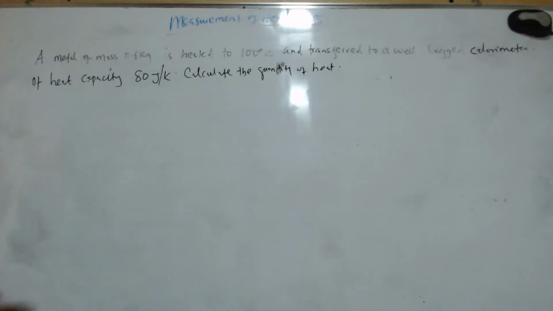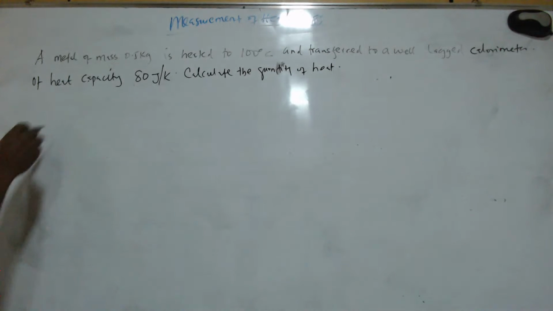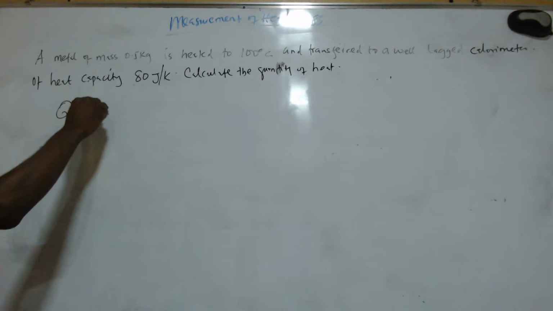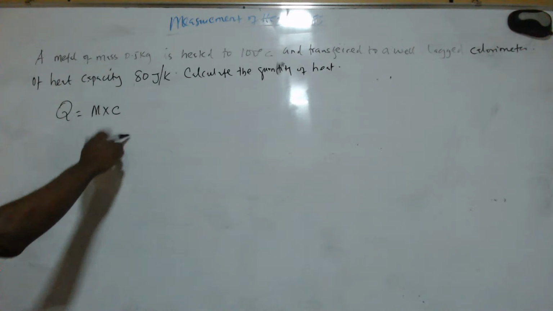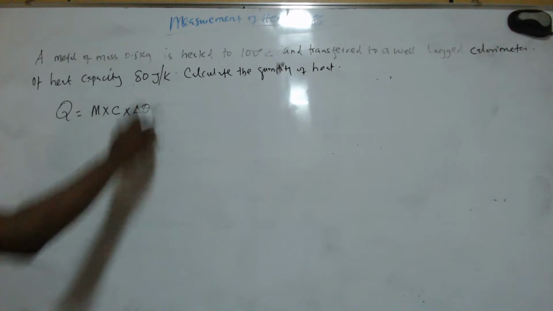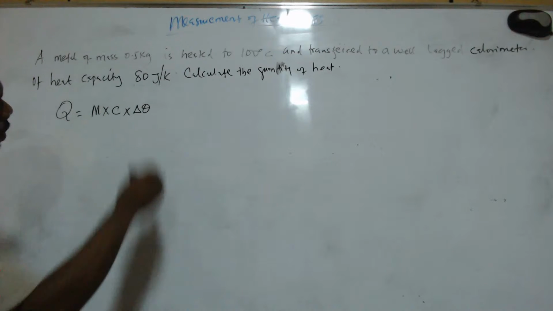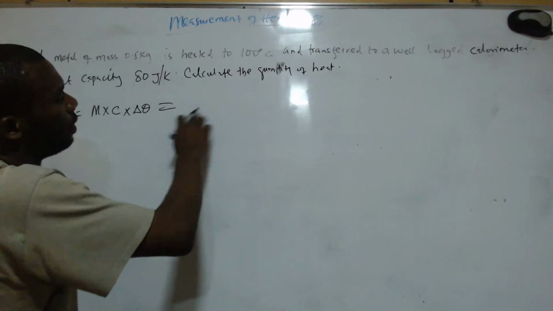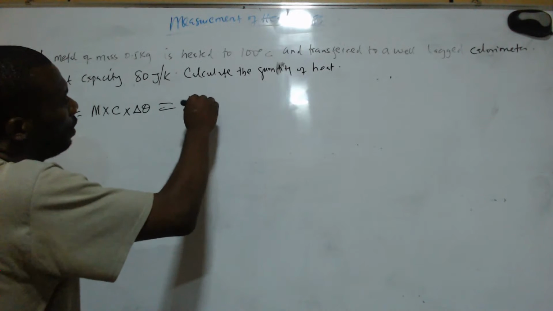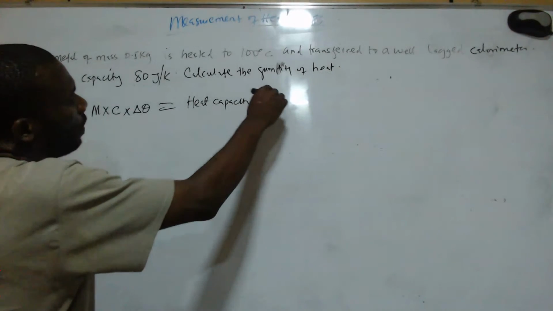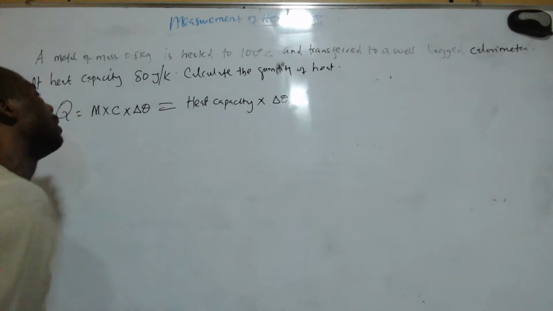Now, as we all know, quantity of heat, as I said, is equal to mass times specific heat capacity times temperature change. Or you can say that this is heat capacity multiplied by delta theta.